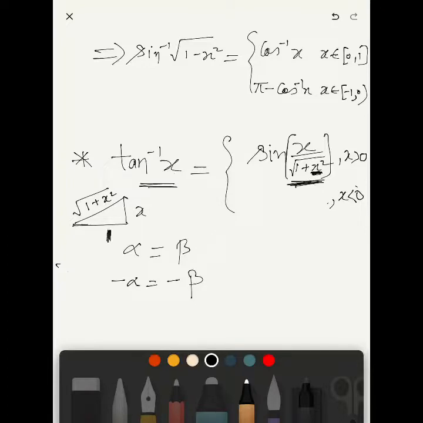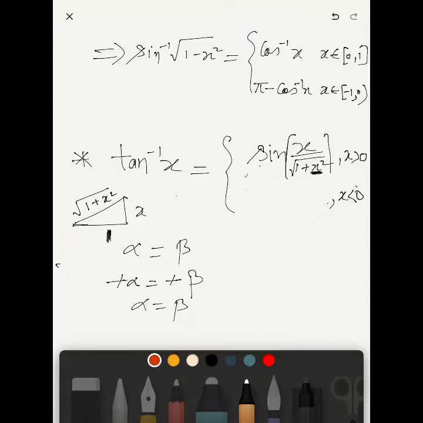The other function is beta, isn't it? This is beta, this is alpha. This function is beta and this function is alpha. Just rub the unnecessary things. So this negative gets cancelled out, isn't it? The negative on both sides will get cancelled out. Alpha will be equal to beta.